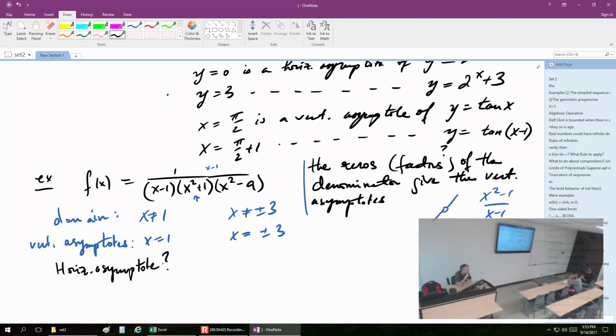Why not? And which function? The function that we have. It might be 0. Yeah, it is 0. So how do you know? Because as x goes to infinity, y goes to 0. Do you remember how we did the algebra here? You just know that x squared is bigger than 1.